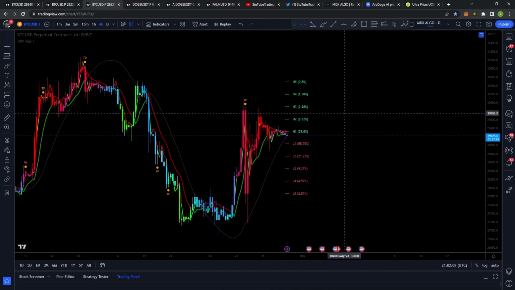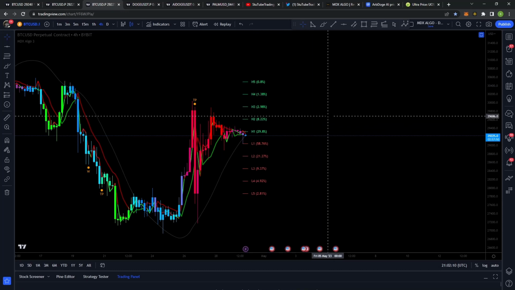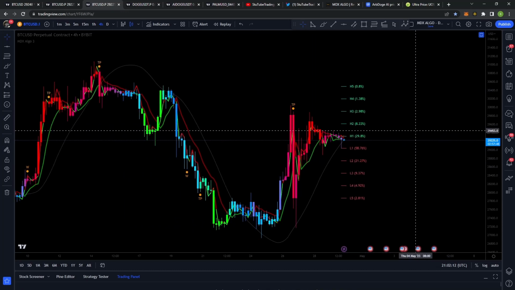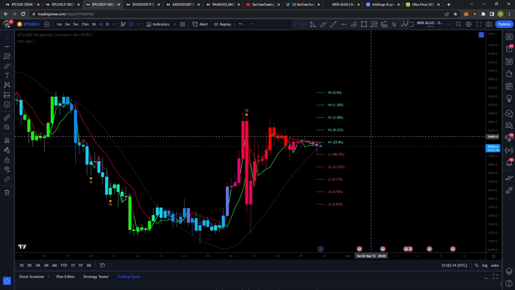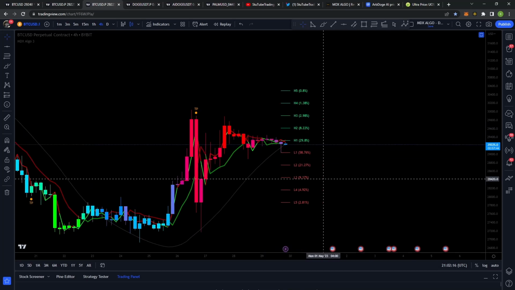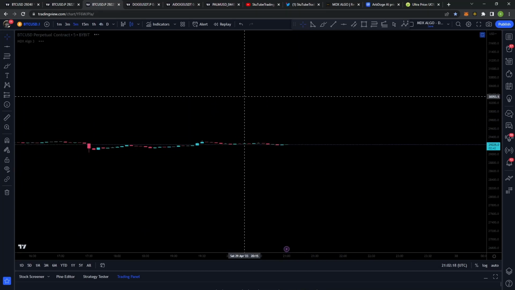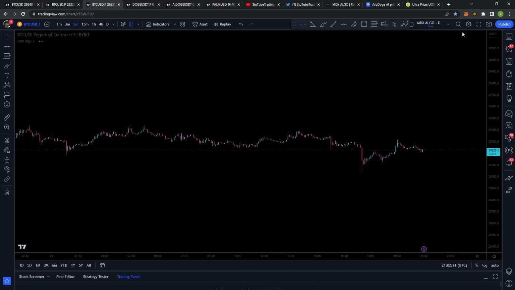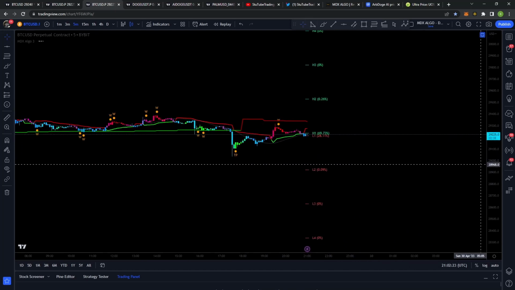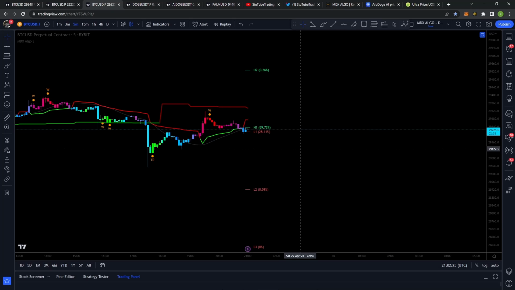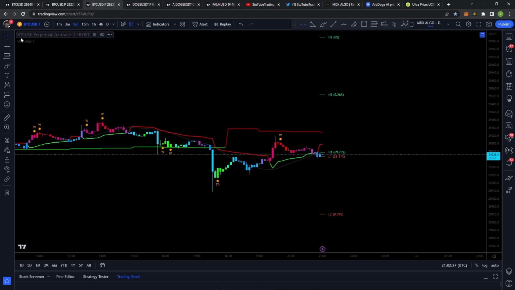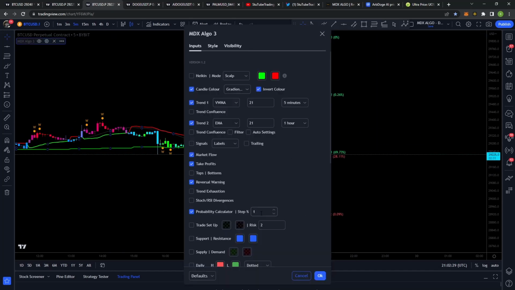So you can adjust it if you want them to be further apart or closer together, because that's what I was talking about earlier. I don't know if you were here yet, but on a smaller time frame, these percentages are ridiculously low, because obviously it's not too likely that a 5-minute candle, for example, is going to jump over 1%, right? So that's where maybe you would want to change that a little bit.